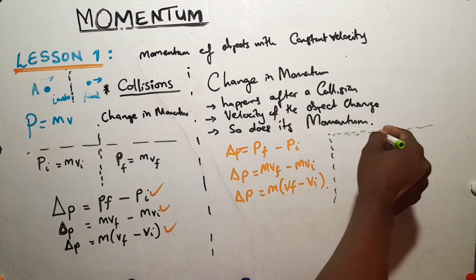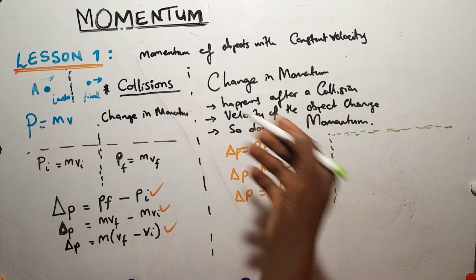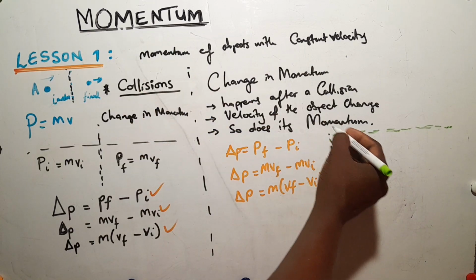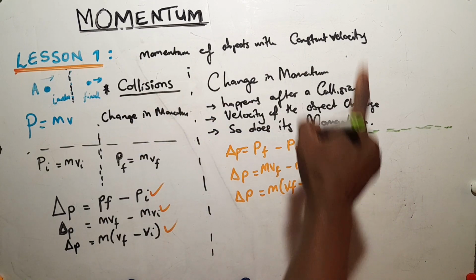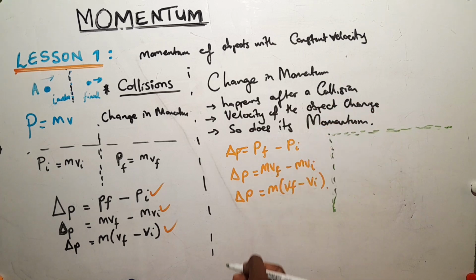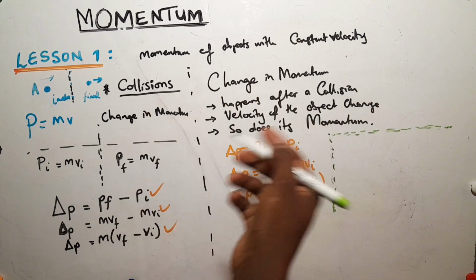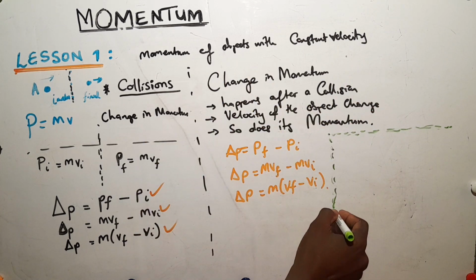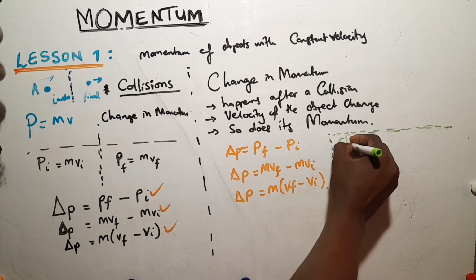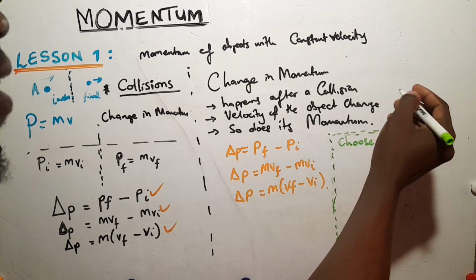If you're not that good with vectors, you can go back to our grade 11 playlist and rewatch how vectors work. So now you have to choose the direction before the calculation.